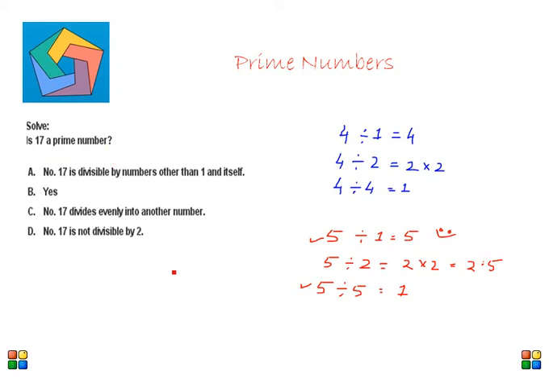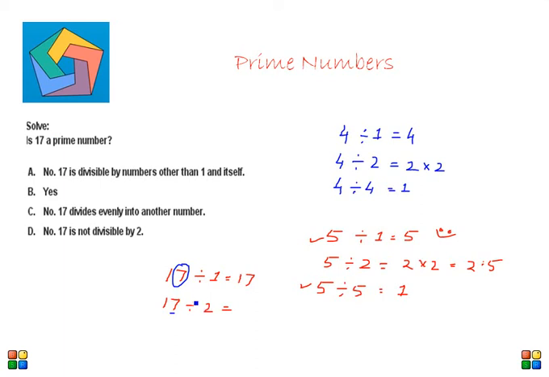We will follow the same steps. 17 divided by 1. Well, all numbers get divided by 1, so very easy. Now 17 is not divisible by 2, because if you see the definition of even numbers, any number ending with 0, 2, 4, 6 or 8 is called an even number, but here we have 7 as the last digit.